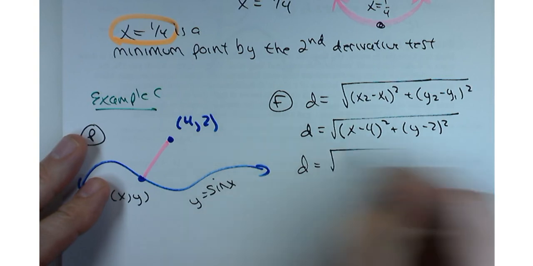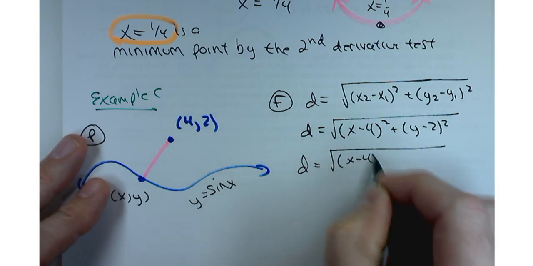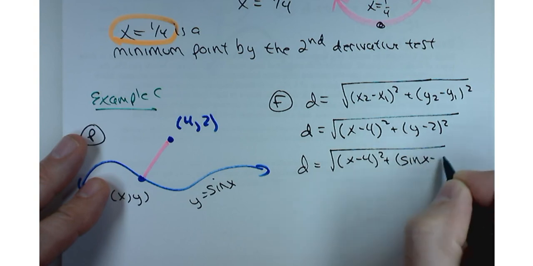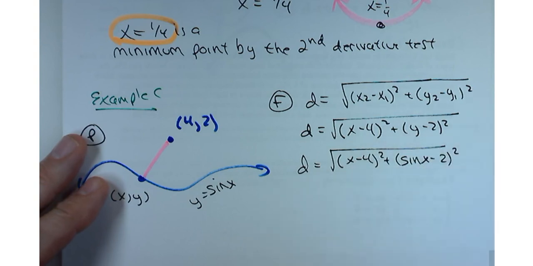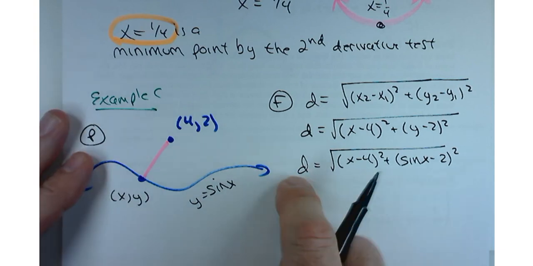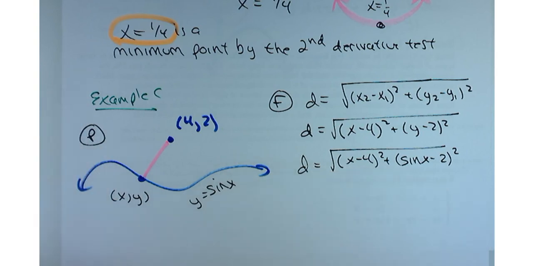Yeah. I can write this as x minus 4 squared plus sine of x minus 2 squared. Okay. And really, I could write this as d of x now, because this function depends just on one variable. And that's what I want. I want a function that just depends on one variable.